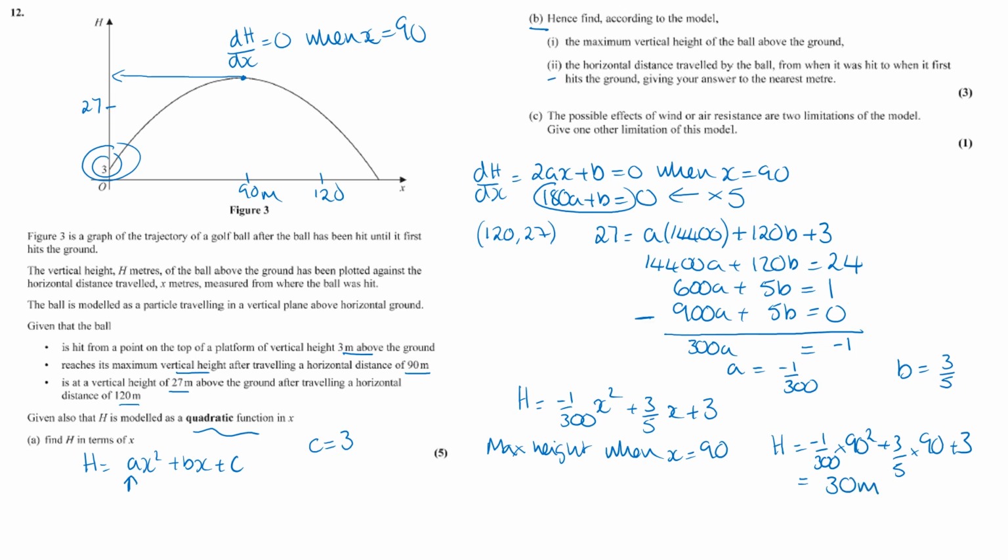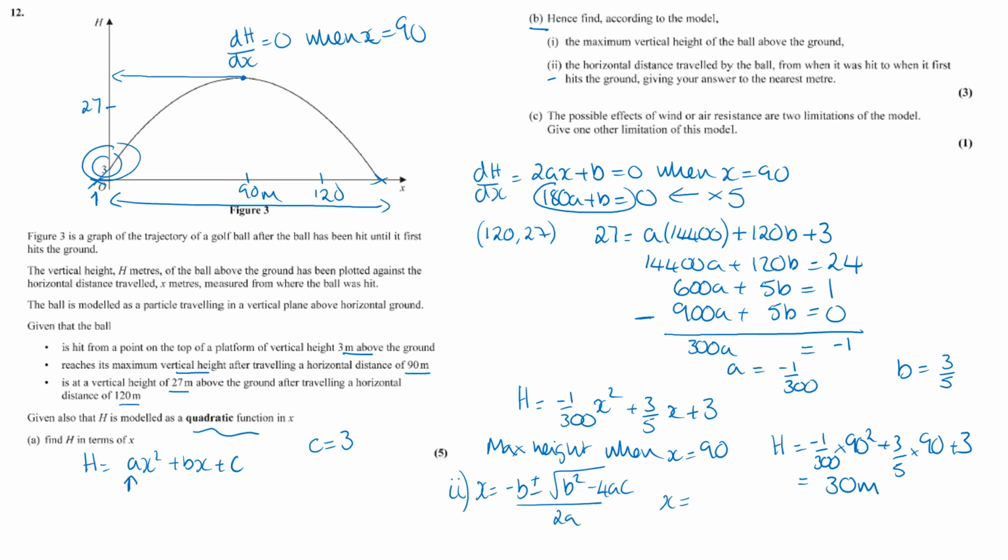Part 2, the horizontal distance travelled by the ball when it hits the ground. So that is finding the whole distance here. To find these two places here, if we project this back and find the minus 1 there, we're just going to use the quadratic formula. So x is equal to minus b plus or minus the square root of b squared minus 4ac all over 2a.